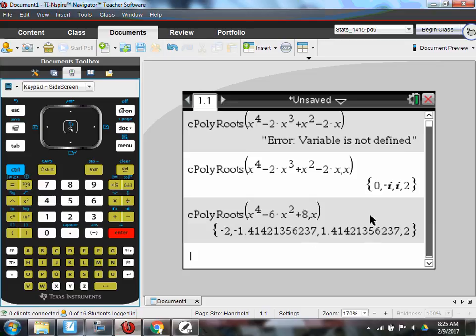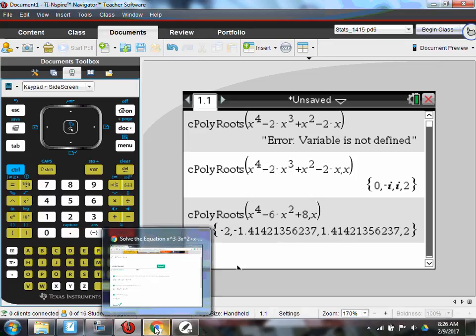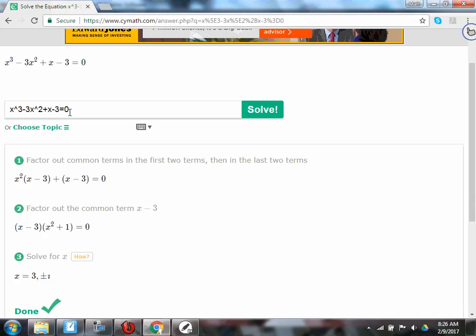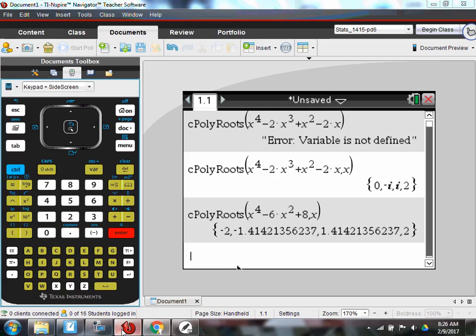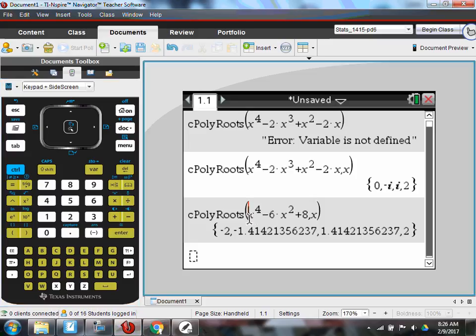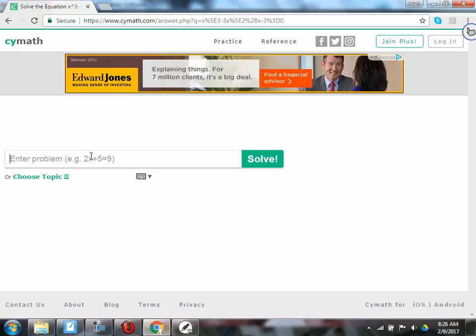So the calculator doesn't show us the irrational roots as irrational. It just gives us decimals. Okay. SciMath, here we come. I wonder if I can copy and paste from the Inspire to SciMath. Control C. Control V. All right.